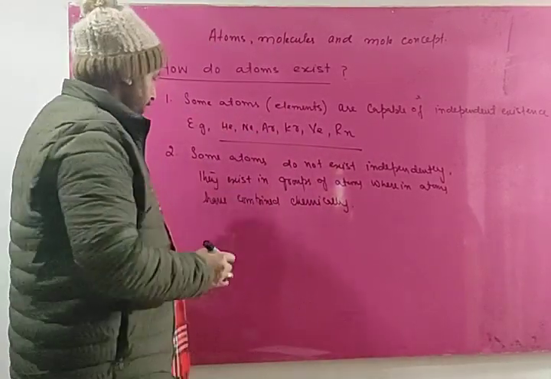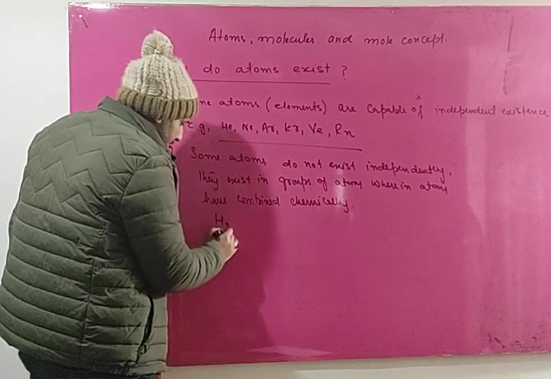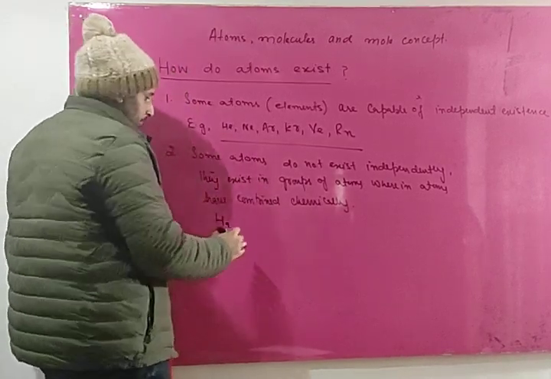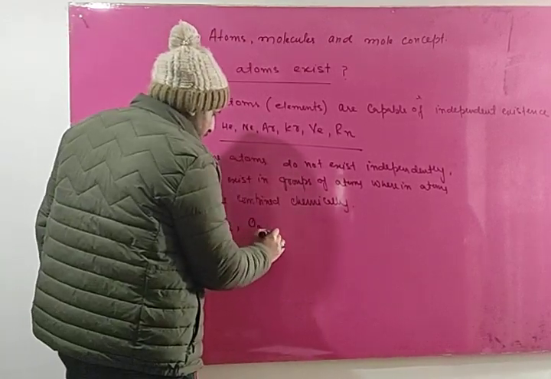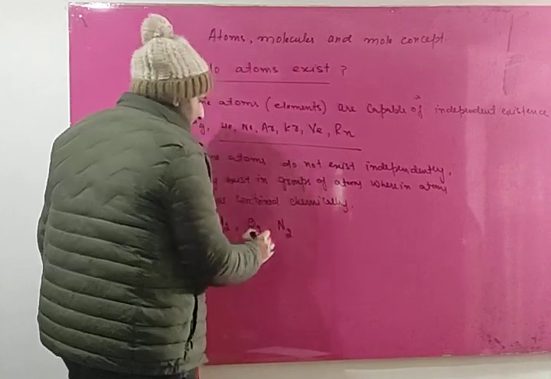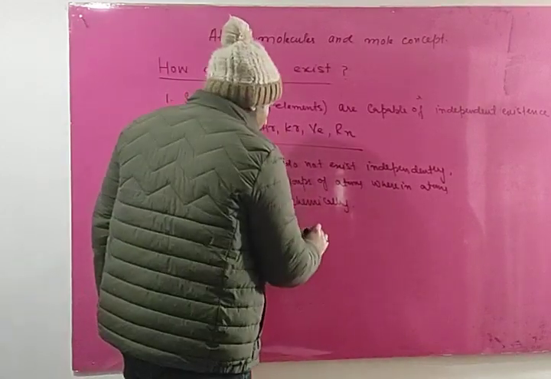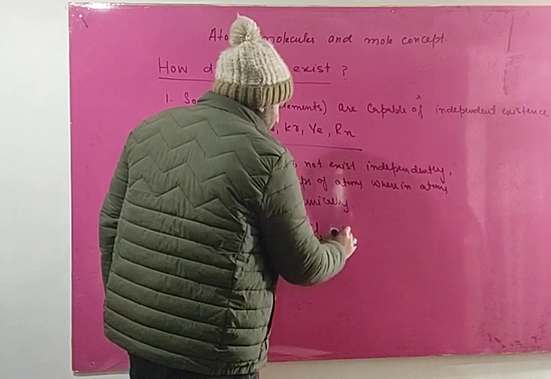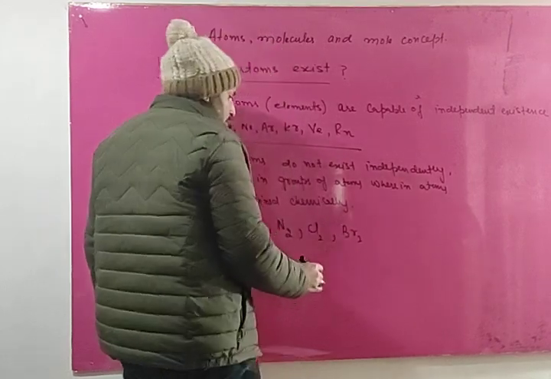Examples we have: hydrogen exists as H2, oxygen exists as O2, nitrogen exists as N2, chlorine exists as Cl2, bromine exists as Br2, etc.